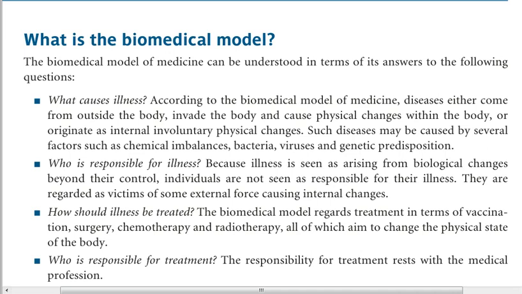Such diseases may be caused by several factors such as chemical imbalances, bacteria, viruses, and genetic predisposition.